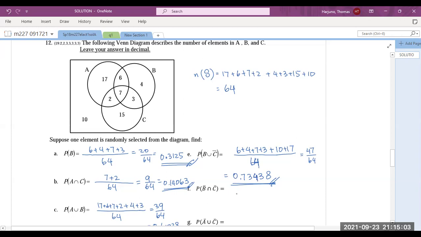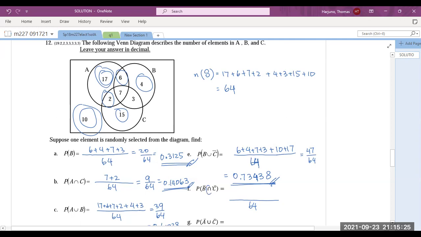Okay, now part F, not B and not C, outside of B and outside of C. Because it's an and, how many circles should that be?